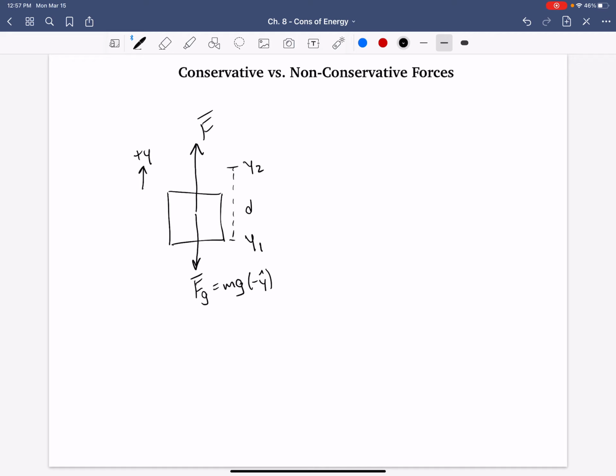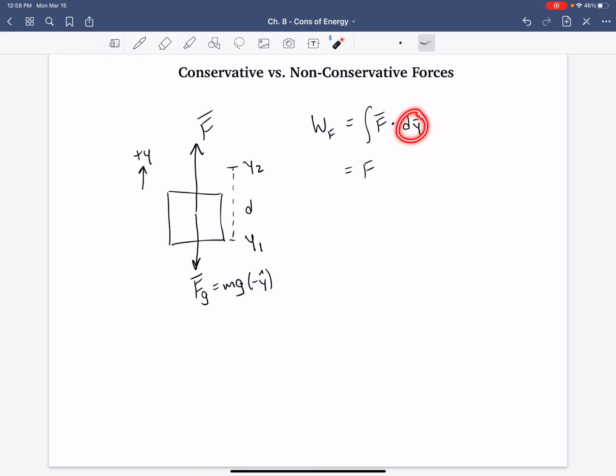So now, as you pick up this box from the initial height to the final height, let's calculate the work done by that applied force F. It's equal to the integral of that force dotted with the displacement dr. But really, it's just in one direction, so that dr can be trimmed down to just a displacement in the y direction. They're both in the same direction, so it's the magnitude of the force times the magnitude of the displacement.